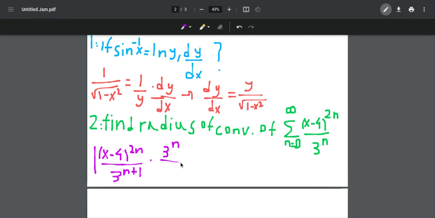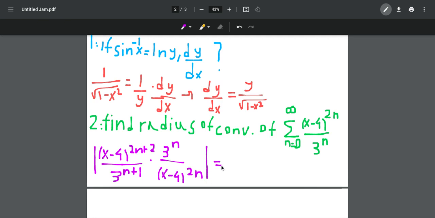So we get 3 to the power of n over x minus 4 to the power of 2n. Sorry, I made a mistake. At the top of the numerator, it should be x minus 4 to the power of 2 times n plus 1, which will be 2n plus 2.